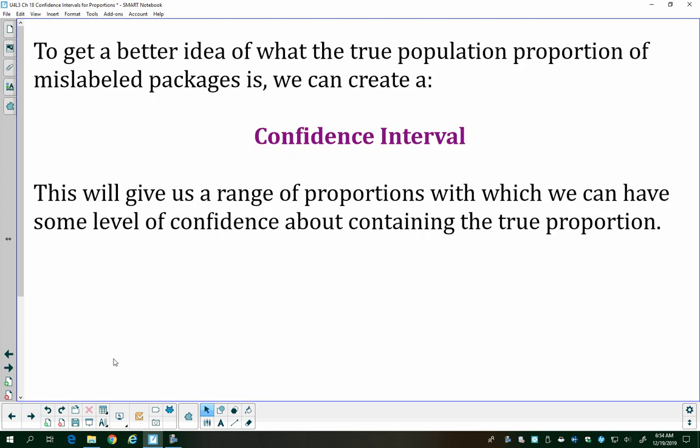So because we want to get a better idea of where the actual population proportion lies, we build these things called confidence intervals. An interval has an upper and lower bound, and we'll look at numbers in between those two values. And we're going to do that with a level of confidence, which I'll explain more as we go along here.